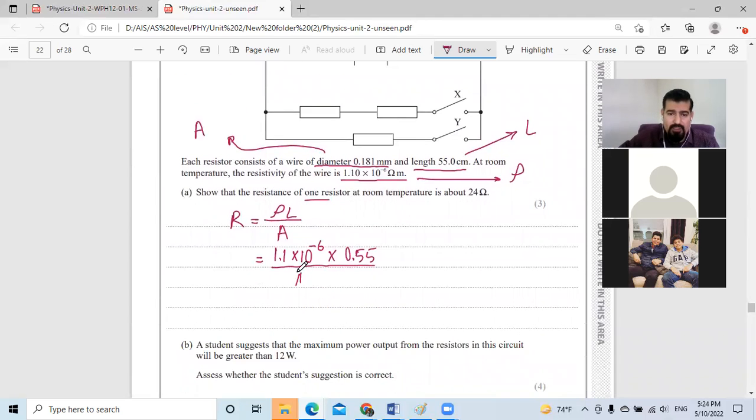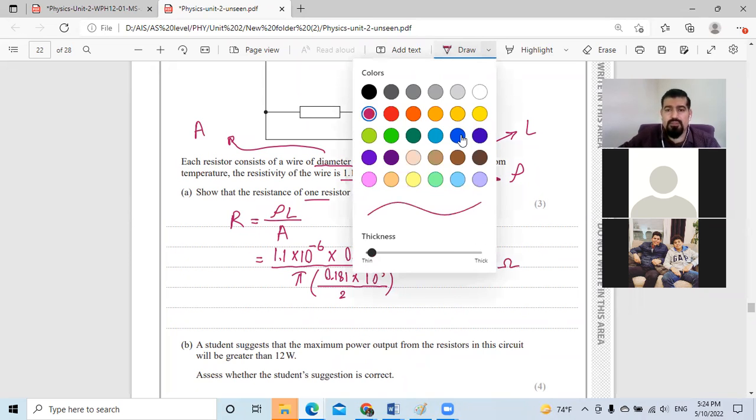The area is pi r squared, so pi times 0.181 times 10 to the power of -3, I converted from millimeter to meter, divided by 2, all squared. By using the calculator, it will be 23.5 ohms. Okay? Good?